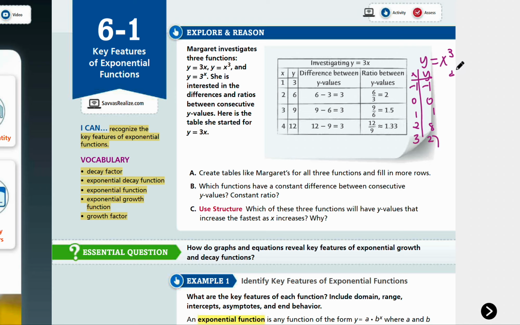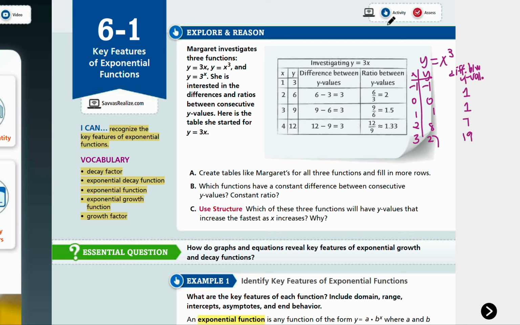The differences between y values would be 0 minus -1, which is +1. Then 1 minus 0 is 1. 8 minus 1 is 7. And then 27 minus 8 is 19.